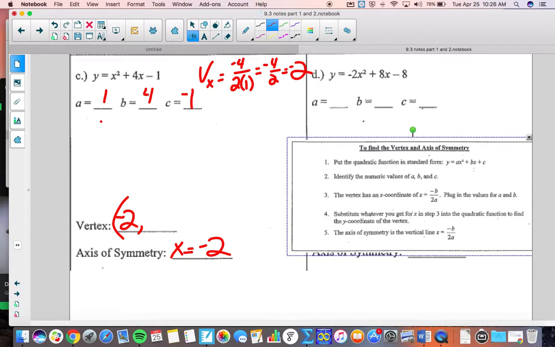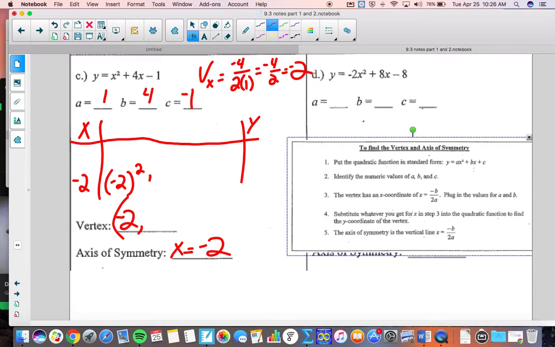So input-output table, we know what x is for the vertex. We know that we go left 2, but how far up or down do we have to go? So when I put in -2 to this function, what do I get? Make sure you use parentheses around what you're substituting in, folks. If you don't here, because it's a negative, you'll get the wrong answer on your calculator. And here, I believe you should get 11.